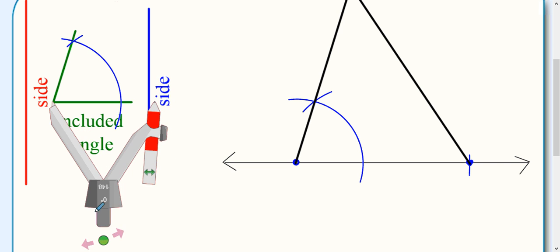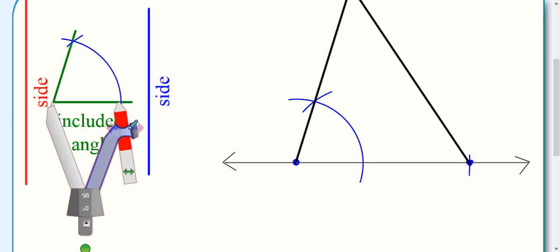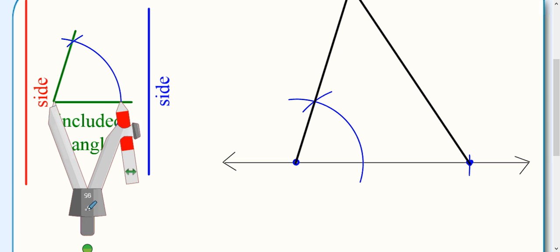We're going to copy that angle. So that means I'll just go back to where we did it before. There's our first arc, right there.